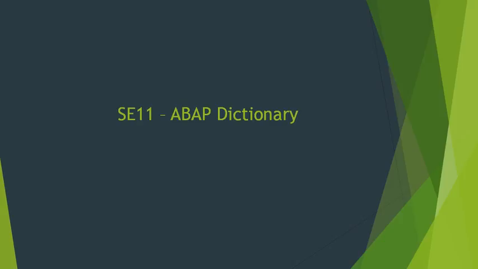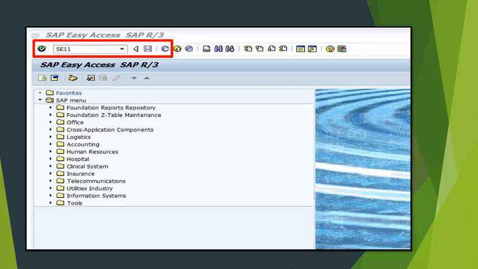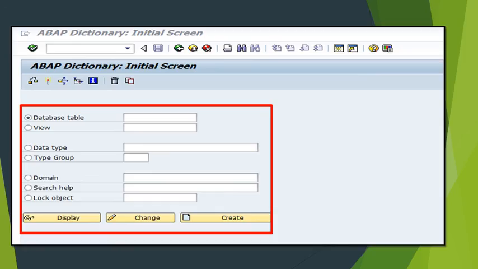This is the ABAP dictionary. Look here, you can see SE11, execute it. This is an ABAP dictionary. Again you can write EKKO here, and you can view the table, or whatever you need to: you can display, you can change, you can create.